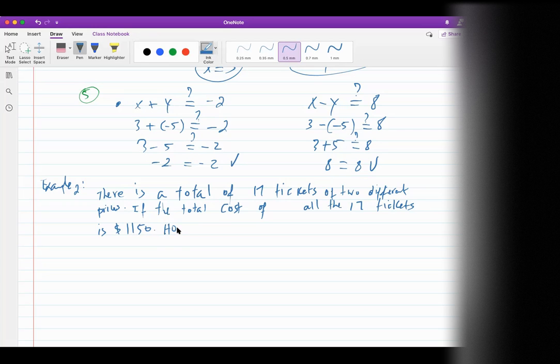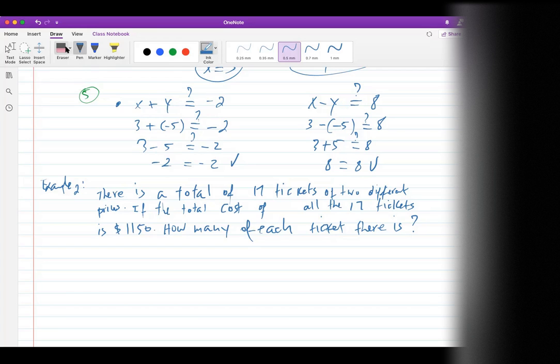How many of each ticket there is? Okay, so it's a little tricky here.